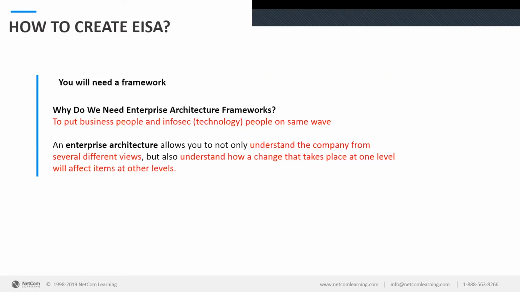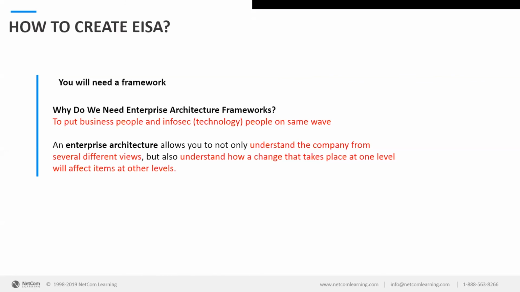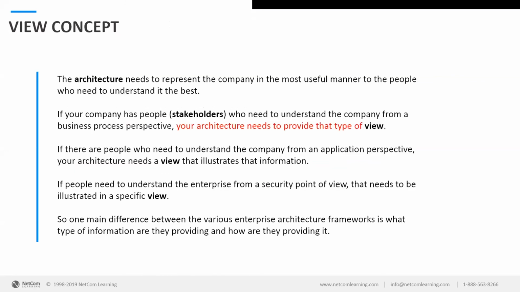One of the things that is very important when we talk about enterprise information security architecture is the concept view. You will start, as we said before, with the management level, the C levels and above, and you will start talking to them about your information security architecture and what's your plan to do, how you will secure our network.